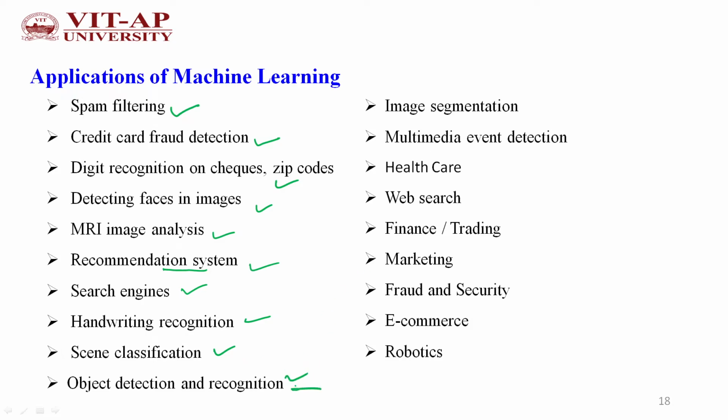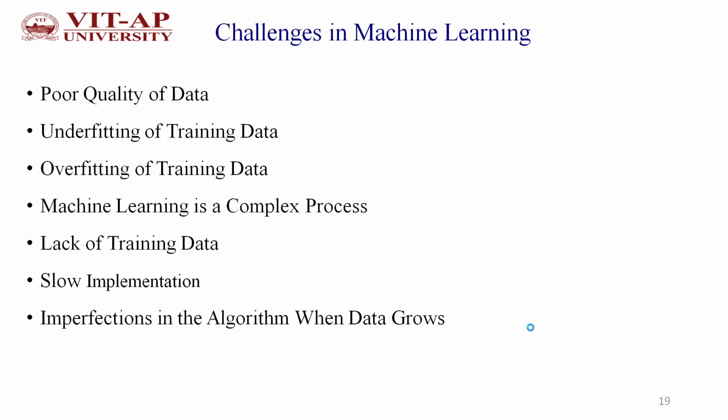This is very important to detect the objects in images, and image segmentation, multimedia event detection, healthcare, web search, finance and trading, marketing, fraud and security, e-commerce, robotics, in education. So many application domains are there. We can apply ML algorithms in all domains.